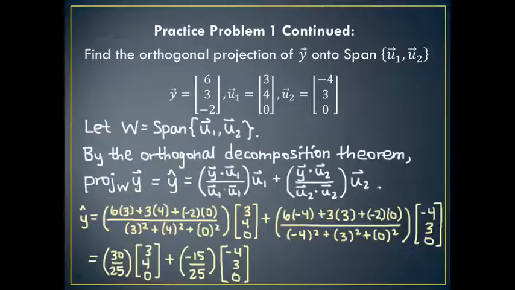But when you go to add them up, you want to simplify. So we get 630. There's our y hat, our orthogonal projection of y onto the span of u1, u2. So that's how we use the theorem to find y hat.